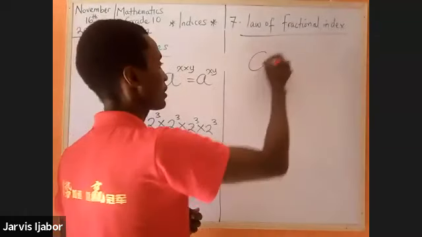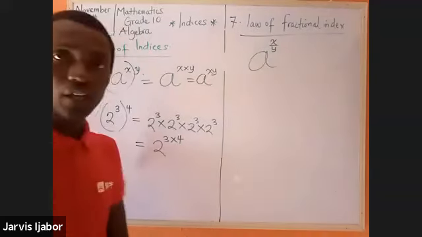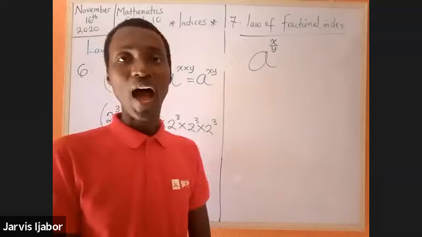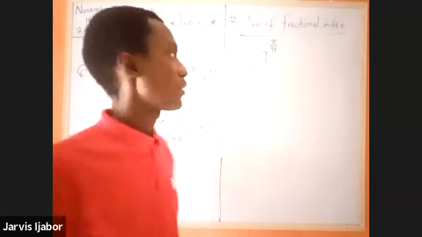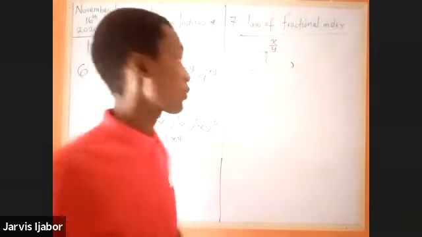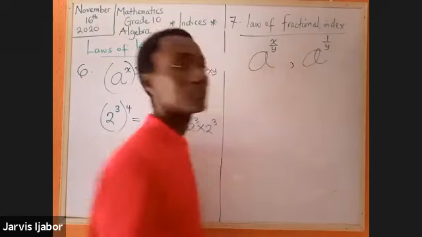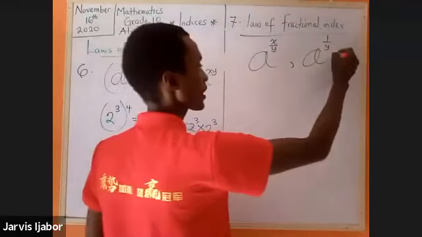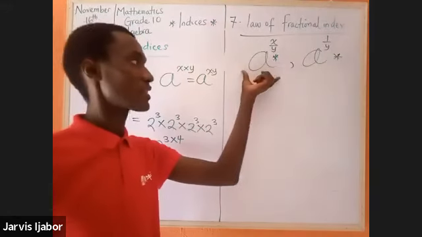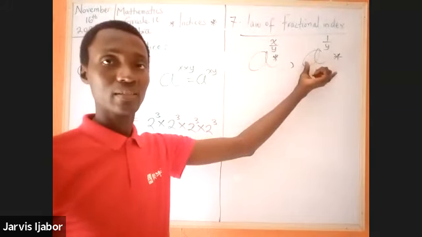So if I have a to the power of x over y, how do you handle this? But this is just one case scenario. We actually have another case scenario where we have a to the power of 1 over y. And I think it will be better for me to take on this first before I bring you to this. Sometimes students find it difficult to understand this because they don't have a good grasp of what this is.